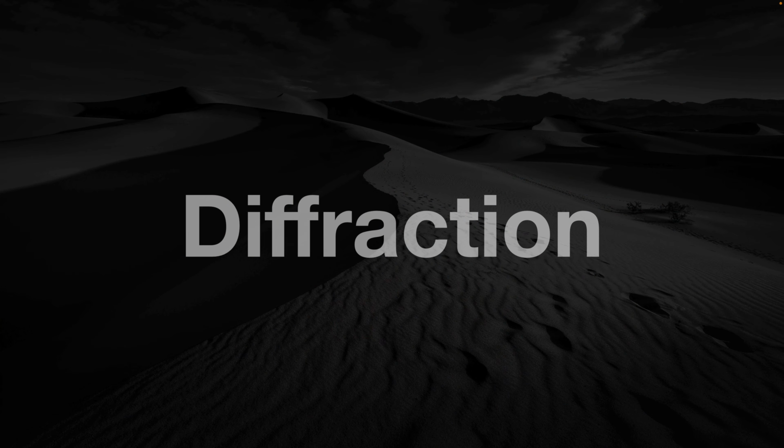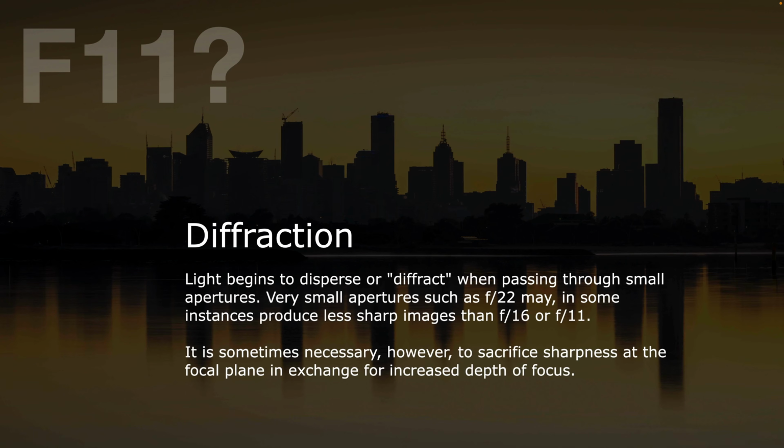Okay, a word about the smaller apertures such as f16 and f22. I'll just read from the slide here. Light begins to disperse or diffract when passing through small apertures. Very small apertures such as f22 may in some instances produce less sharp images than f16 or f11.